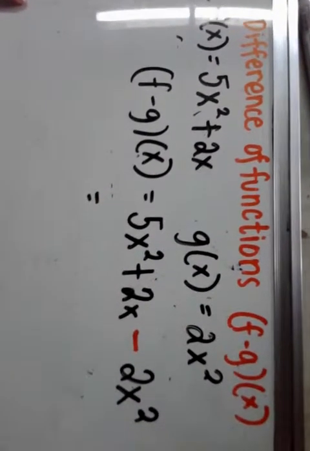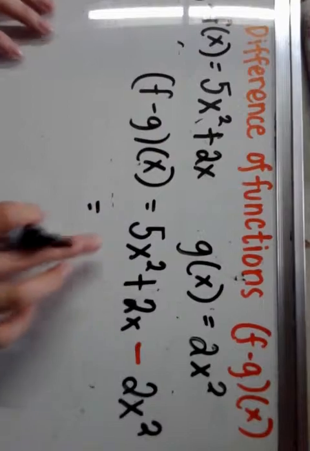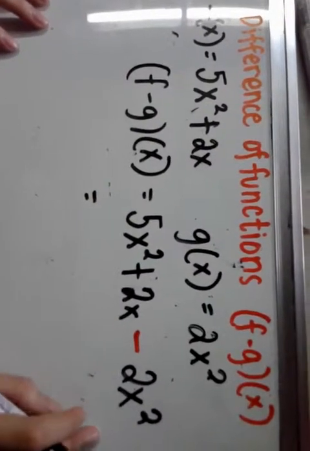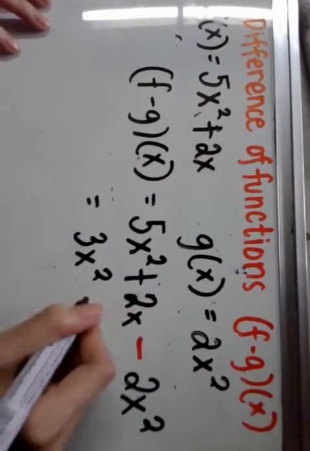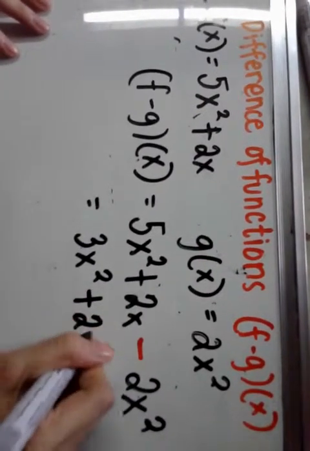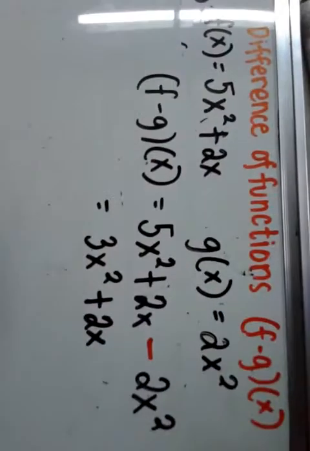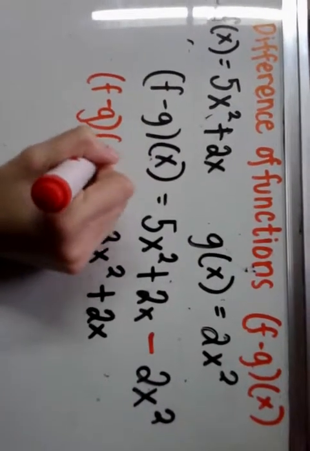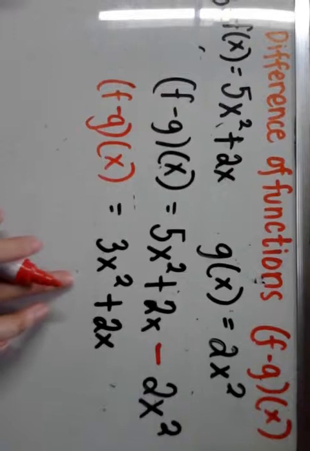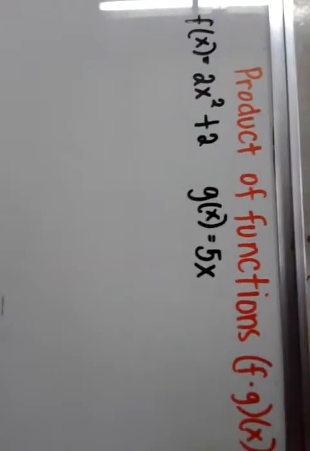So simplify or subtract like terms. So 5x squared minus 2x squared is 3x squared, and then copy 2x. So therefore, f minus g of x is equal to 3x squared plus 2x.